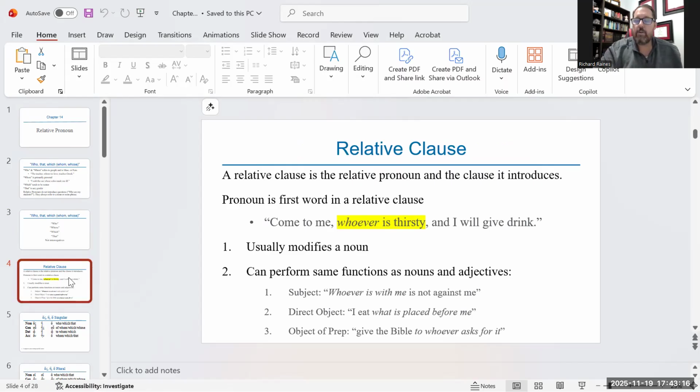When you have a relative pronoun that modifies a noun, that's called a relative clause. This is section 14.3. So a relative clause is the relative pronoun and the clause it introduces. Come to me, whoever is thirsty, and I will give a drink. Whoever is thirsty is a relative clause because whoever, again, we've got our first variation from what I just told you.